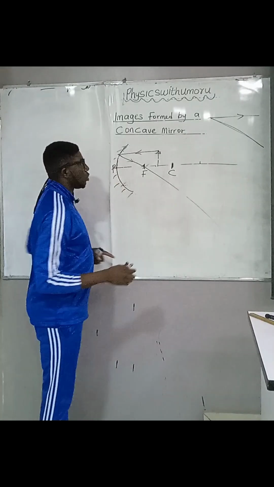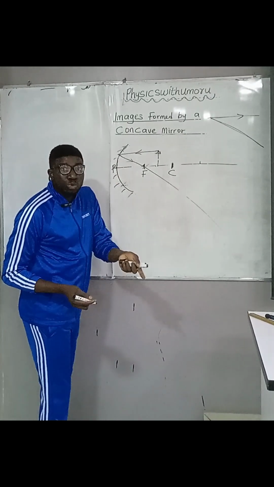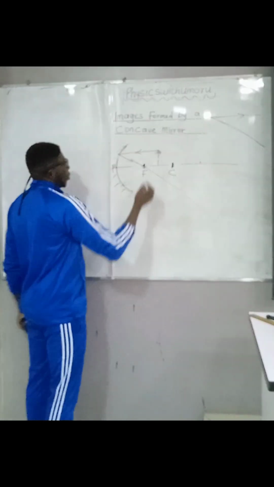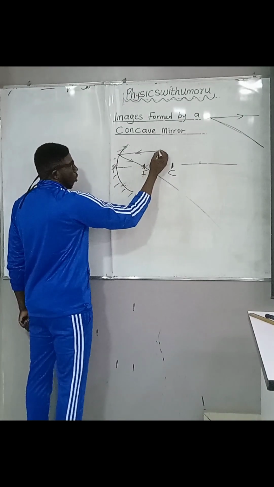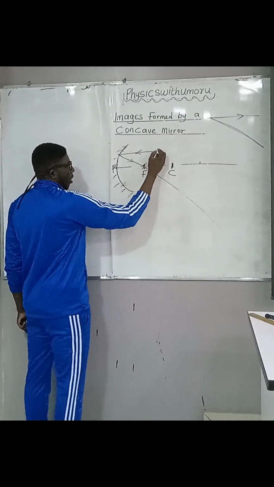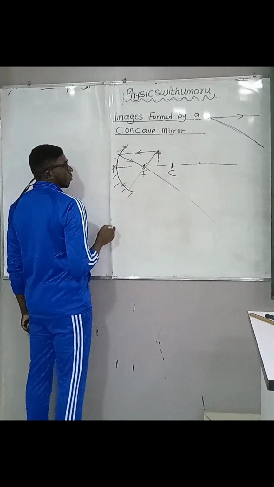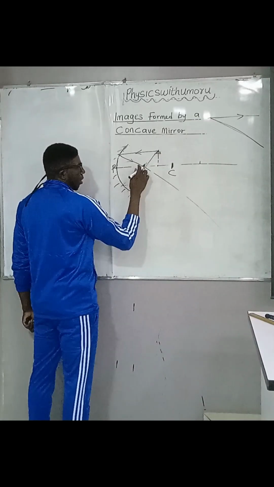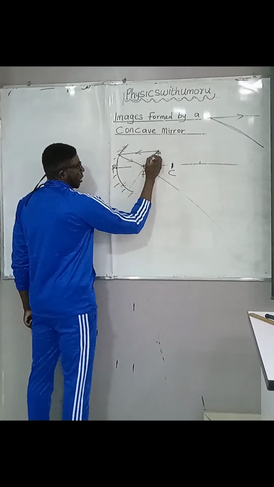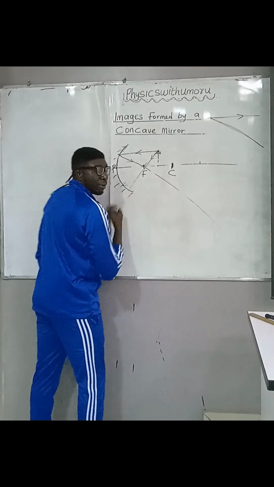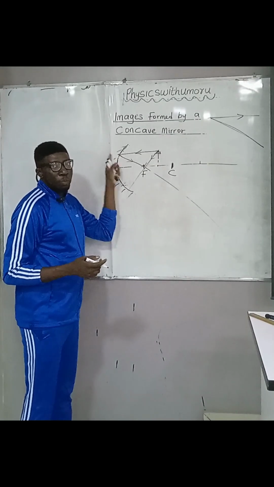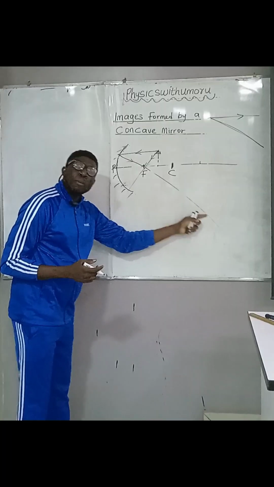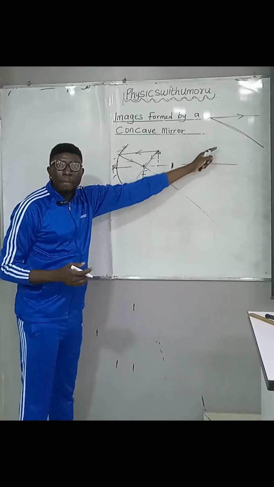Now the second ray is going to be diagonal and we pass through the next point. So the next point is F. So when it hits the next point here, the incident ray is going to reflect parallel. Remember that if a ray is parallel, it will pass through F. Now, if a ray will pass through F, it's going to return parallel.